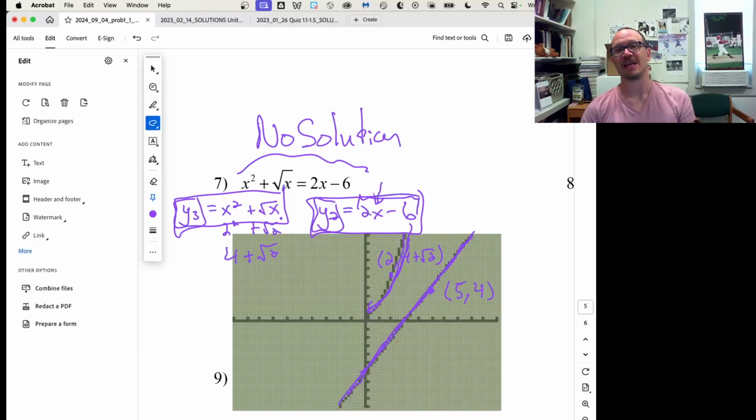Alternatively, let's imagine the alternate universe where instead of this, we had the square root of x with a negative sign in front of the x squared. So I'm going to do the problem over now, slide over to some space over here.